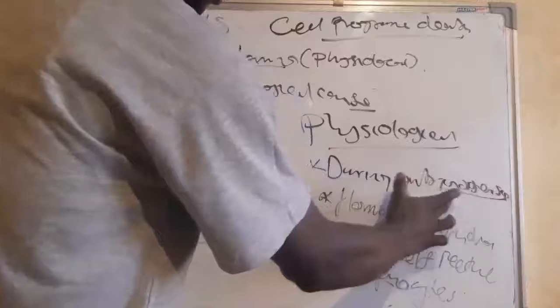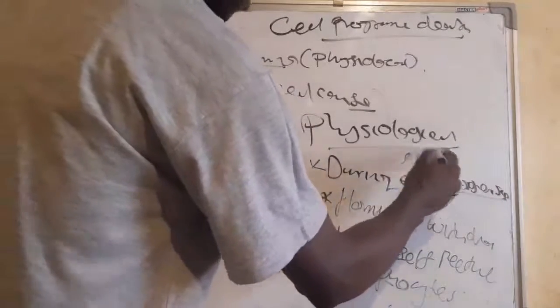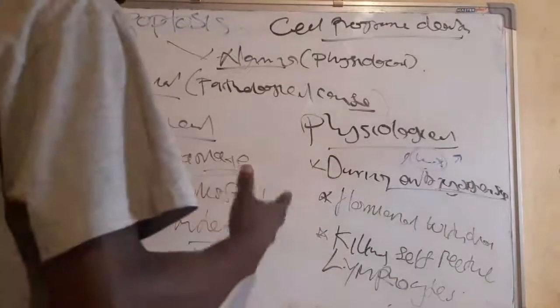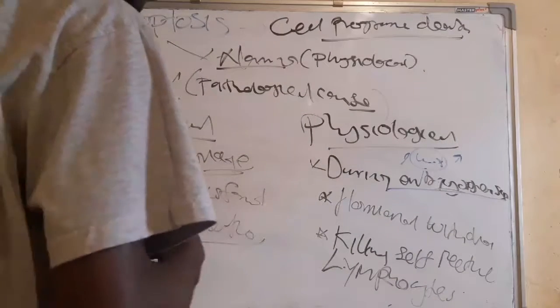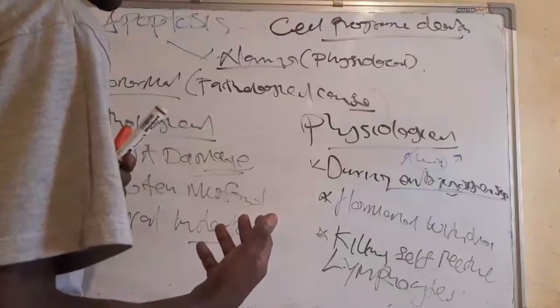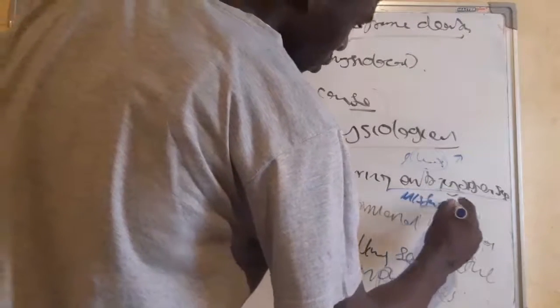During the embryogenesis life stage, as one is developing, the development of our body, there are cells that are being produced. When they are being produced, some become dysfunctional to the body.